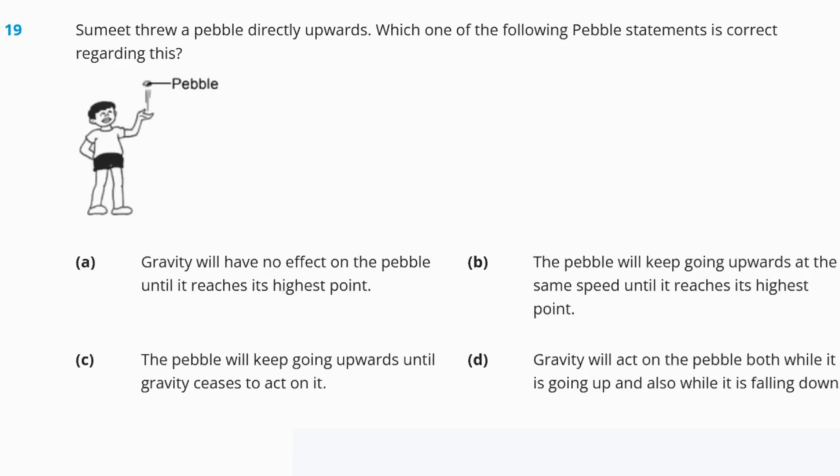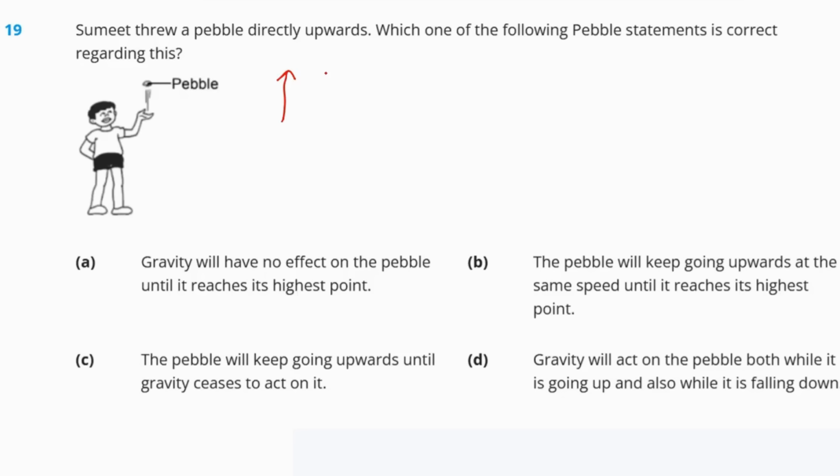Question number 19. Sumit threw a pebble directly upwards. Which of the following statements is correct regarding this? Okay. So here gravity will have no effect on the pebble until it reaches its highest point. So everybody, once we throw a pebble up, right? So what is gravity? We need to understand.